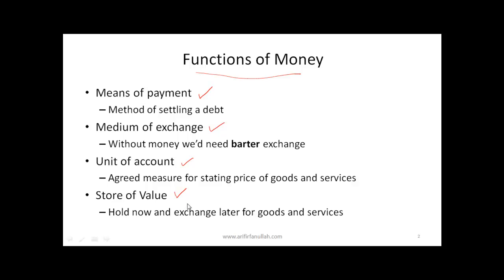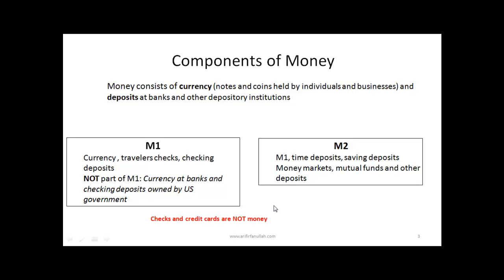If you have 20,000 rupees today, you can keep those 20,000 rupees and hopefully that value is maintained, assuming little or no inflation. So you can hold money and buy goods and services later. So these are the 4 functions of money, nothing too elaborate, just need to know this, as a classic multiple choice question can be made out of this material.